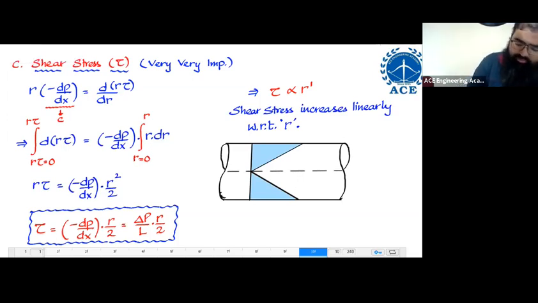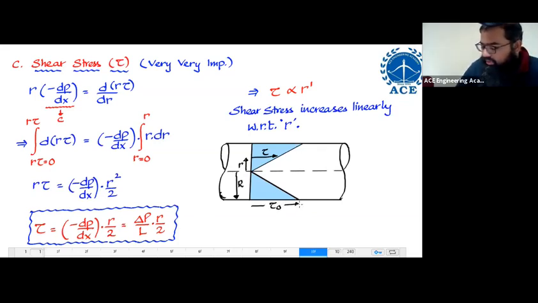Now, you see, if I'm taking any random radius, then that particular shear stress is tau, represented by this. If I take the complete radius capital R, then that shear stress is the maximum shear stress, from here till here.